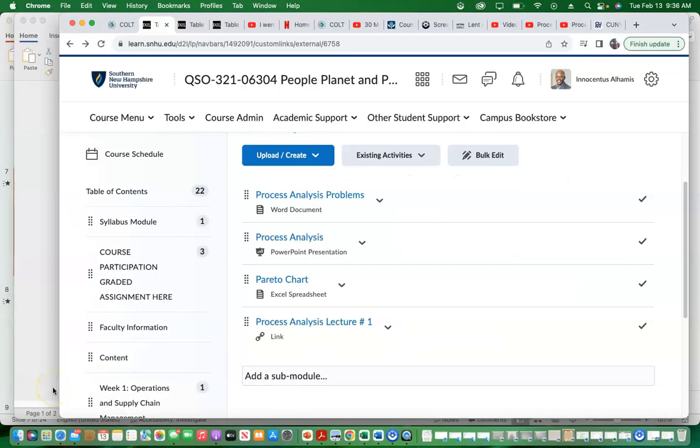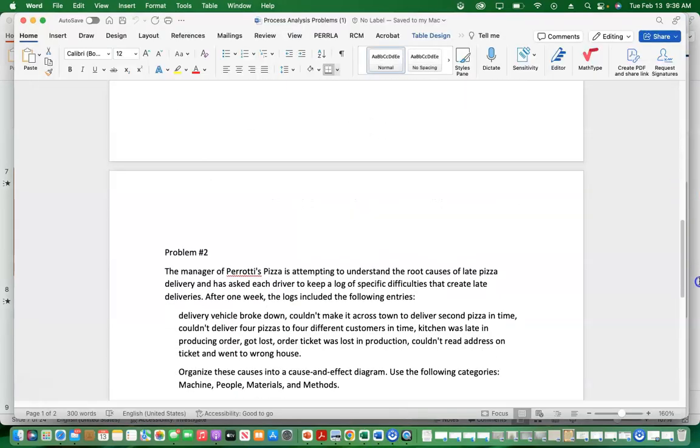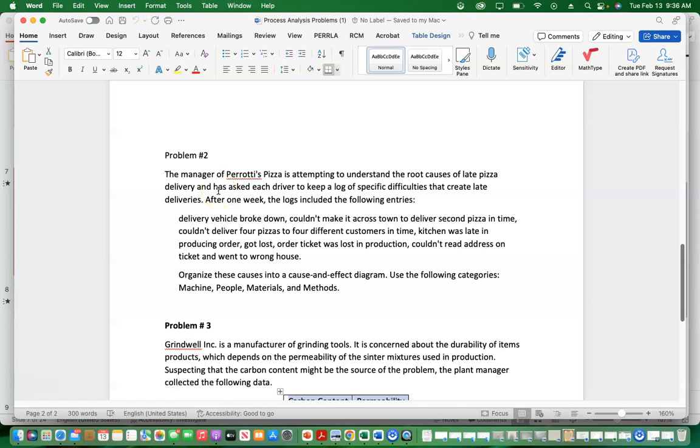So back to the course menu, we have process analysis problems, and if you can open this one, look at problem number 2. The problem says the manager of Peralti's Pizza is attempting to understand the root causes of late pizza delivery and has asked each driver to keep a log of specific difficulties that create late deliveries. After 1 week, the logs included the following entries.